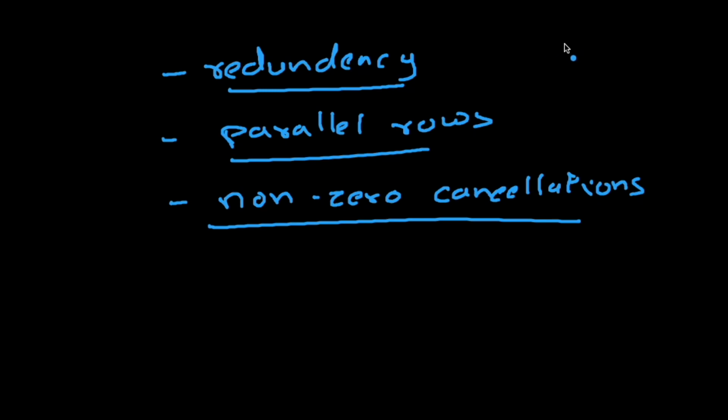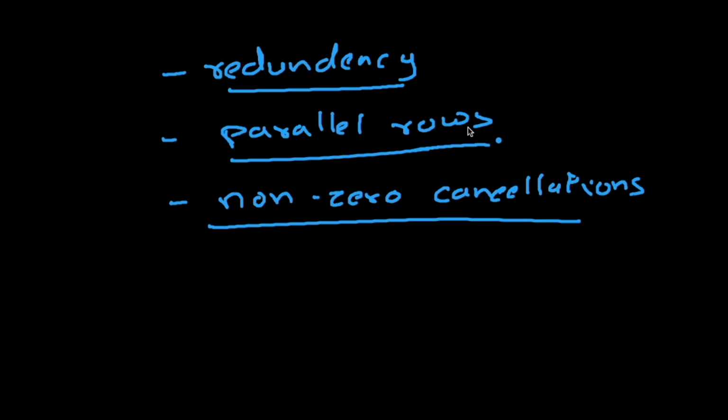For redundancy, first of all, for MIP it's very hard to detect, and not all types of redundancies are really helpful to remove. They are redundancies, but removing them is not helpful all the time. So that's why most of the preprocessors for this are disabled in Gurobi, right?